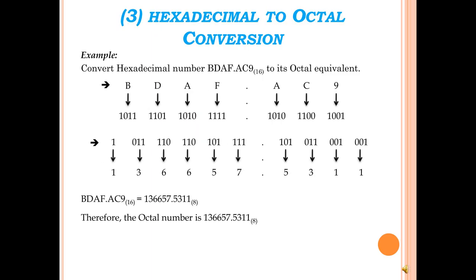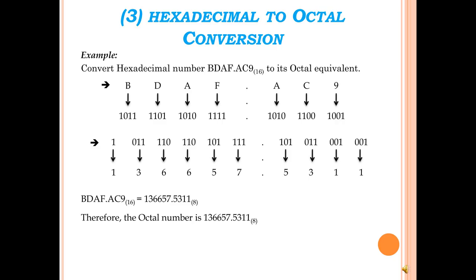Now we have hexadecimal to octal conversion. Now we have one example. Convert the hexadecimal number BDAF.AC9 base 16 to its octal equivalent. First of all, we will convert the valuation to its binary format first.